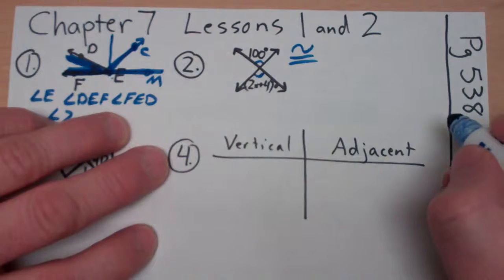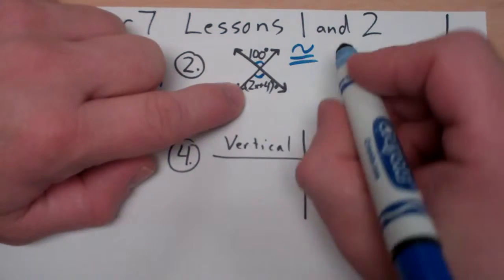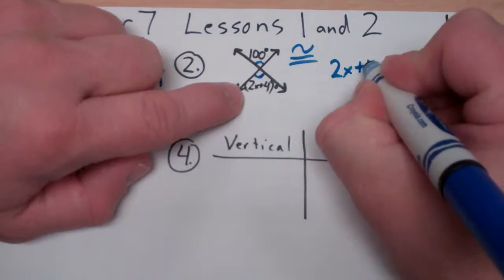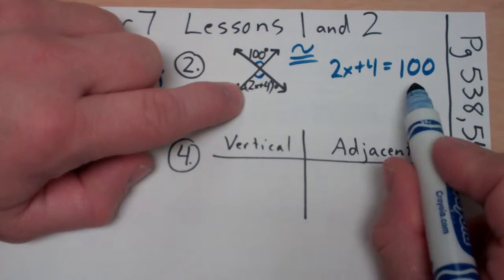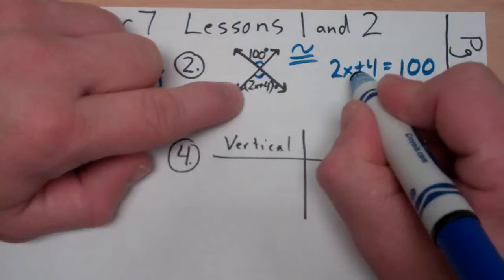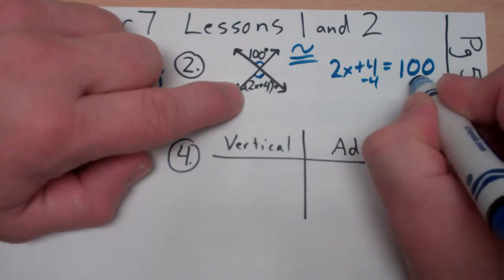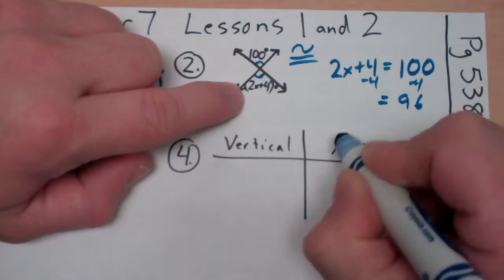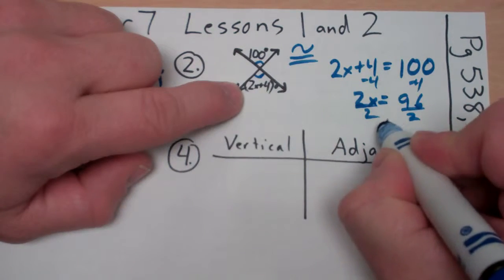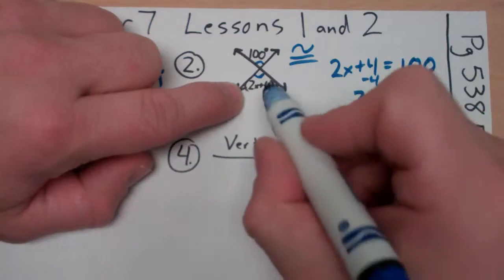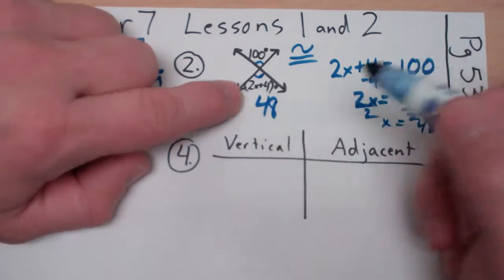So now all I need to know is that 2x plus 4 is the same as a 100-degree angle. That's an algebraic equation we can solve. Let me undo. I get 96 equals 2x. I divide by 2, and I get x equals 48. So x equals 48.